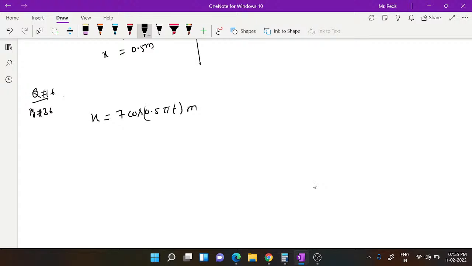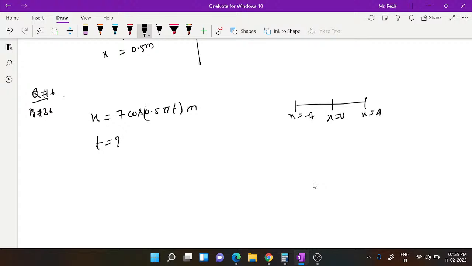The time taken by the particle to move from mean position to the point 3.5 meter away is the time taken by the particle to move from mean position. Let's say this is mean position x is equal to 0, extreme position x is equal to a, x is equal to minus a.